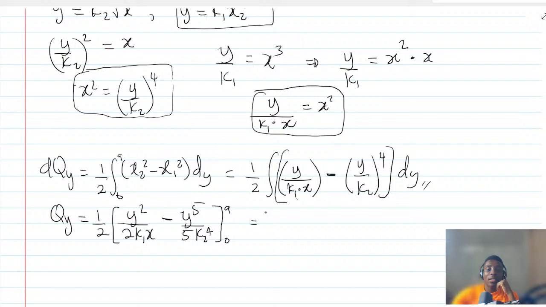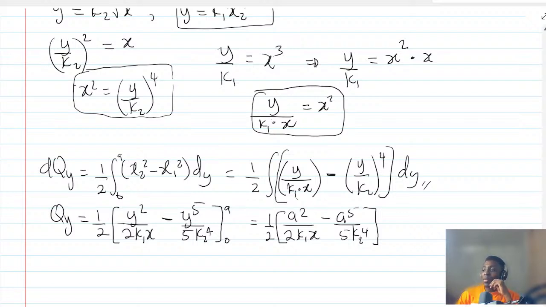So we are going to get 1/2 times a squared divided by 2k1 multiplied by x, minus a to the power 5 divided by 5k2 to the power 4. So you get something like this.